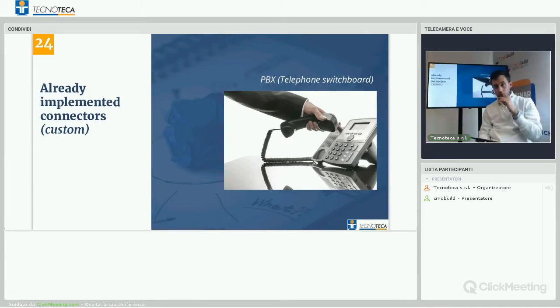So the system automatically sends the call to the least busy person, so the one that received a call the longest time ago. Then the request fulfillment process and the incident management start with very few customizations needed.